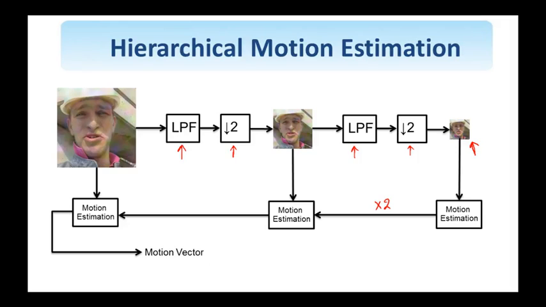The estimated vector is multiplied by 2 again and serves as the initial condition for the estimation at the highest level here in this 3-level representation of the frame, and then from this highest level the final motion vector is produced.